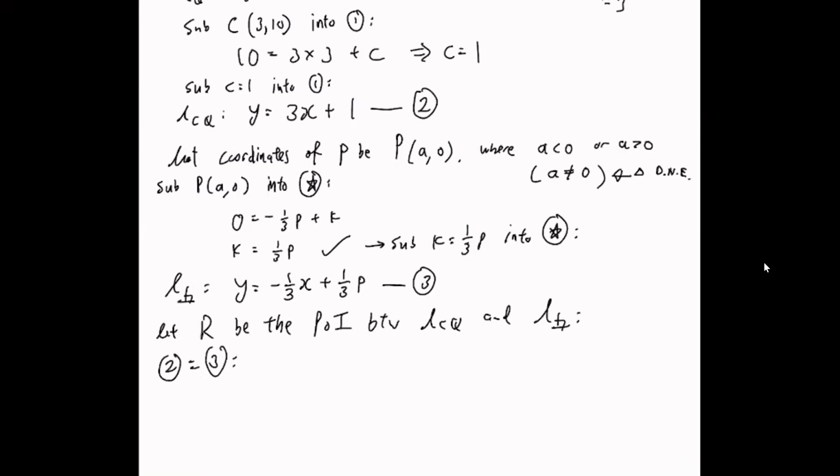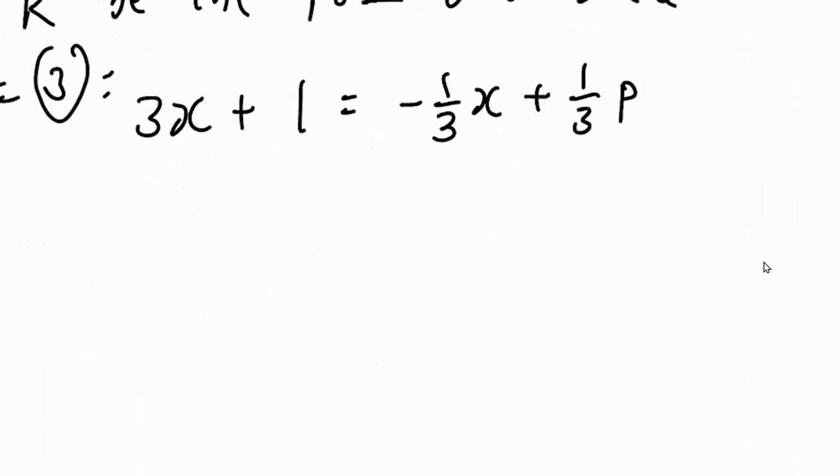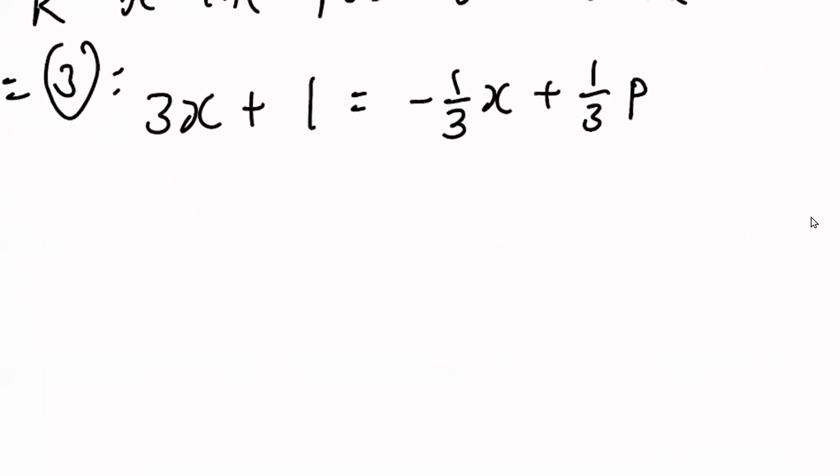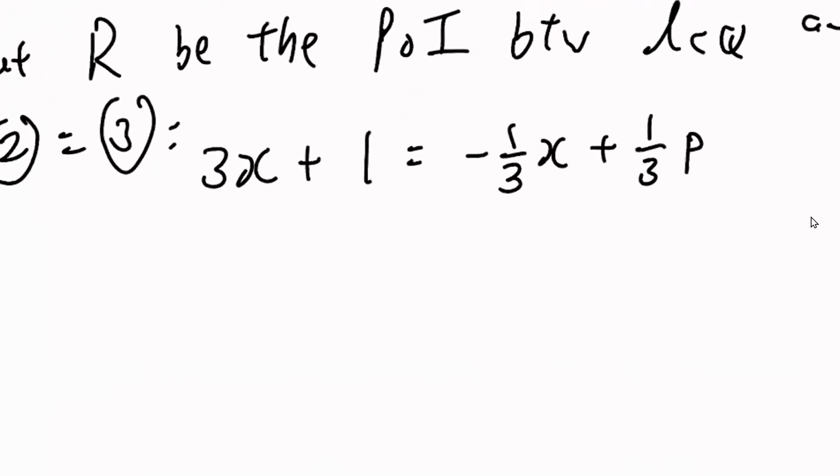We end up with 3x plus 1 equals negative 1/3 x plus 1/3 a. Now remember that x is what we are trying to solve for, and a is just some constant. We're trying to solve for a eventually, but not yet. Here we can solve for x, so that we can get the x coordinate of this point R. So what do we get? 3 plus 1/3, that will be 10/3.